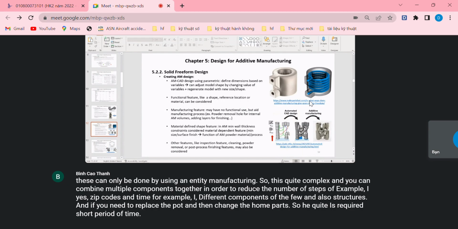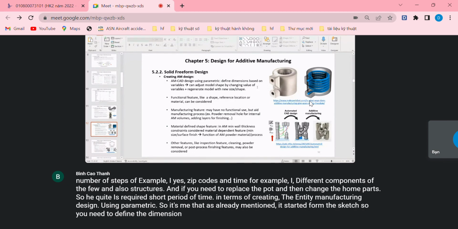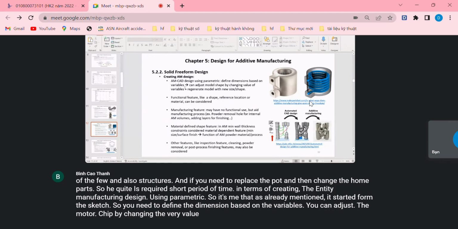And in terms of creating the additive manufacturing design using parametric, it means that, as I already mentioned, it starts from the sketch. So you need to define the dimensions based on variables. You can adjust the model shape by changing the values of variables.